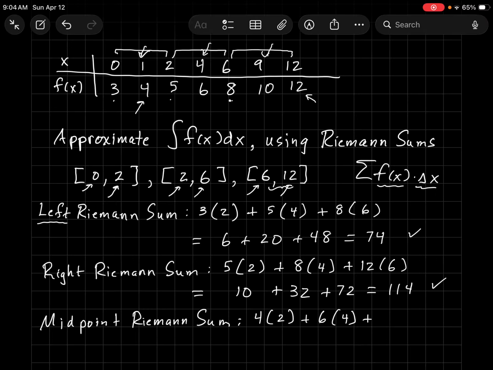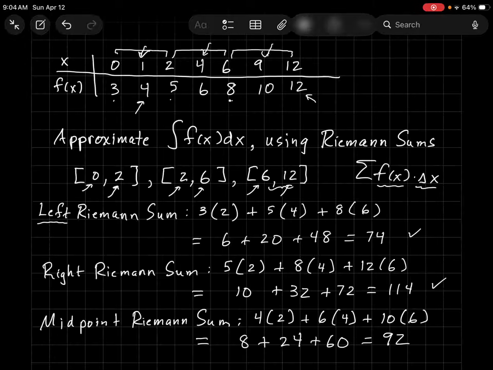Final midpoint, the middle x is 9, the height is 10, and the change in x is 6. And then if we put all of these together, we get an approximate area of 92.